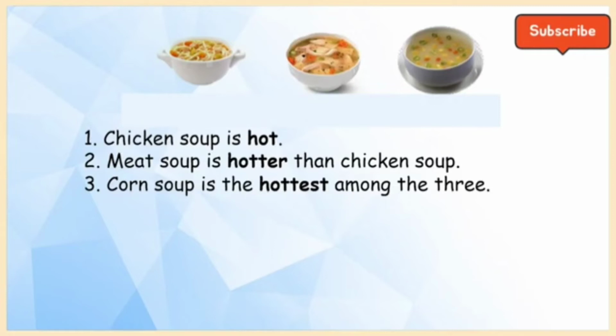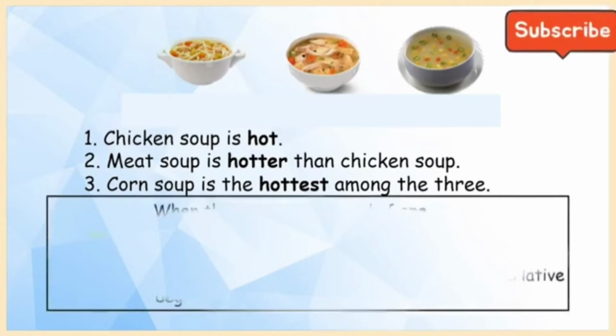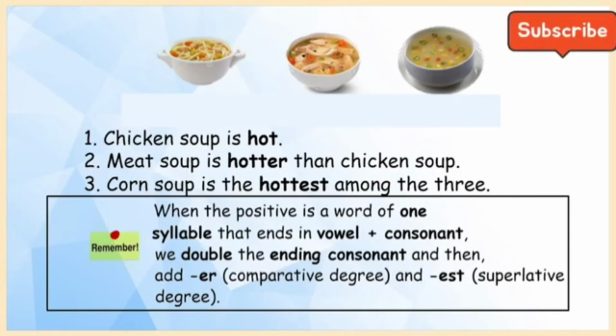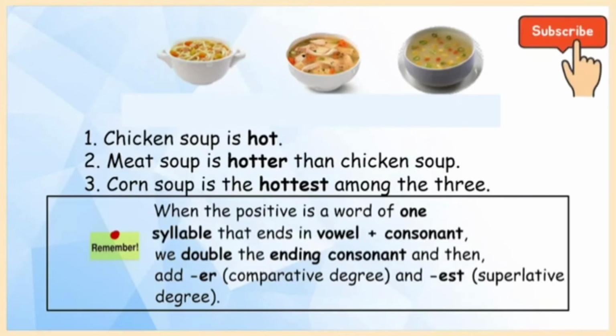In sentence 3, which is superlative, what is added to the word hot? When the adjective is a word of one syllable that ends in vowel plus consonant, we double the end consonant and then add ER for comparative degree and EST for superlative degree.